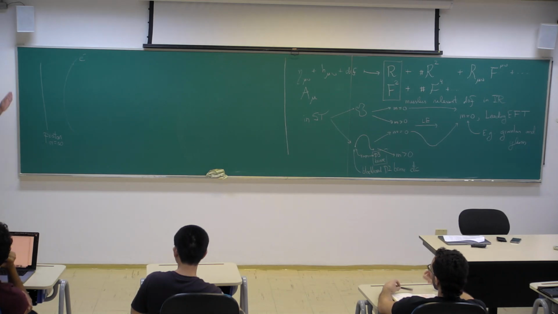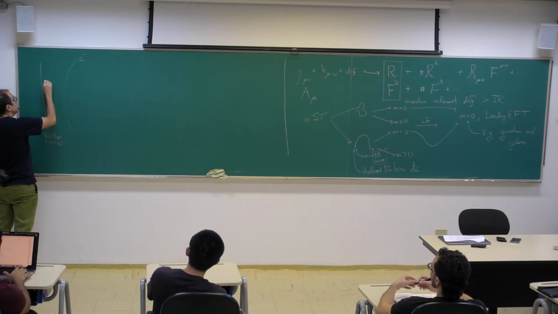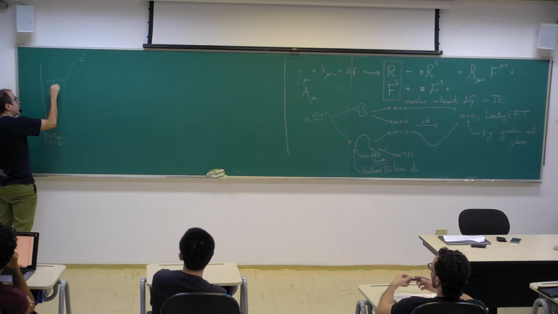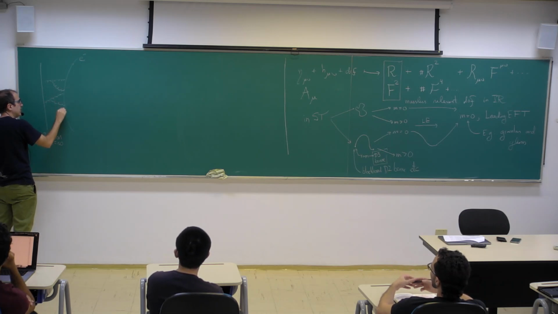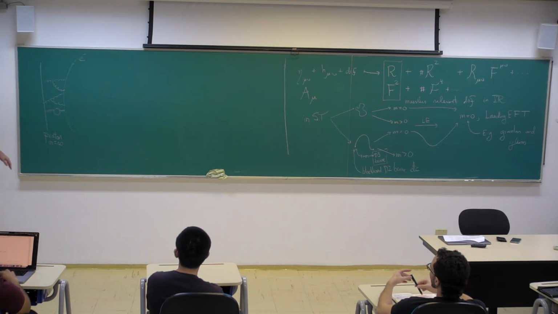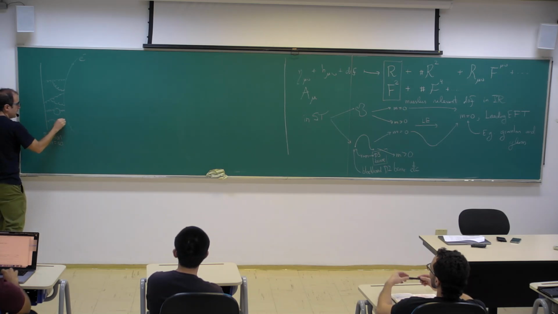And I want to study its deflection by the proton. How do I study this deflection by the proton? One way of studying is by doing all possible Feynman graphs that interact between the proton and the photon. Well, maybe the leading one, just one exchange.